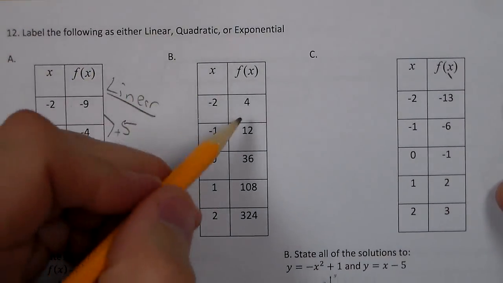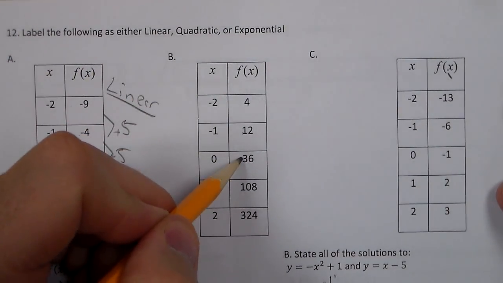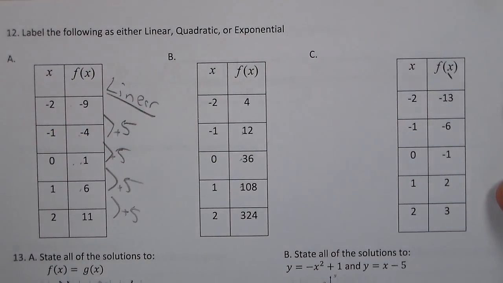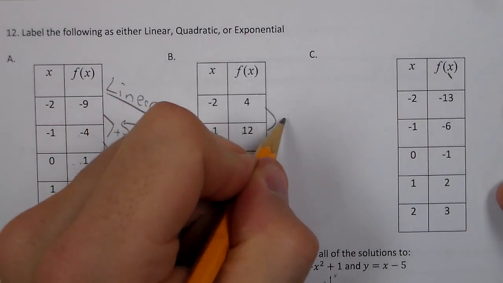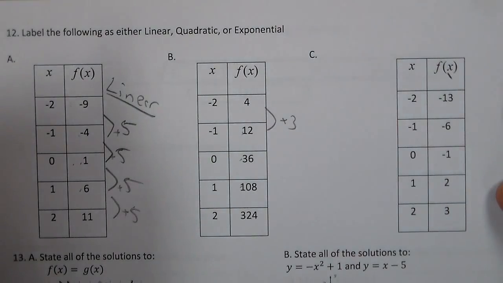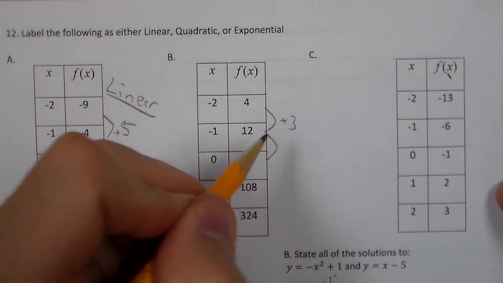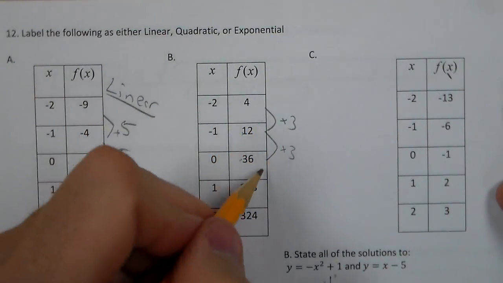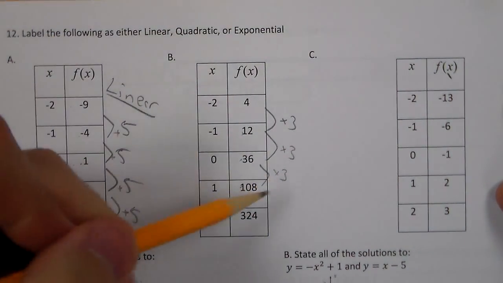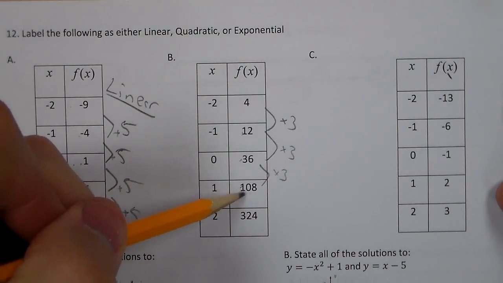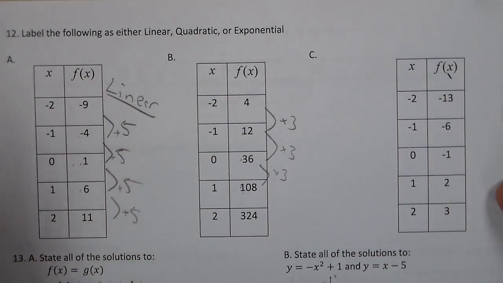If we go to B, it went up 8, went up 24, went up a lot more. So this one actually looks like it's multiplying each time. If I multiply 4 by 3, I get 12. 12 times 3 is 36. 36 times 3 is 108. Another way you could check that is to divide a term by its previous term and see if it comes out to be its multiplier.